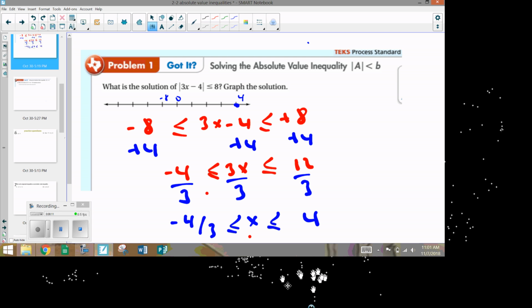Supposed to be a little bit more than negative 1. I put that negative 4 over 3 here. Yes, because it's more, as an absolute value, left side of that.